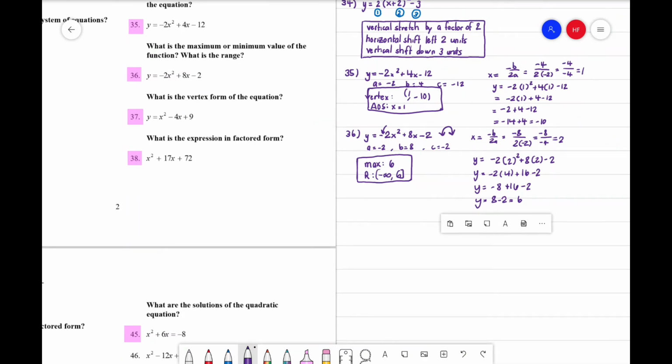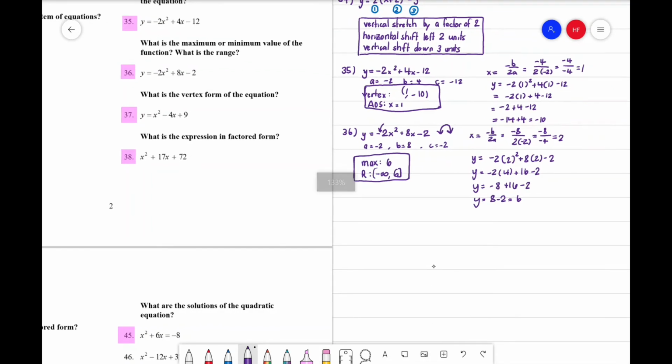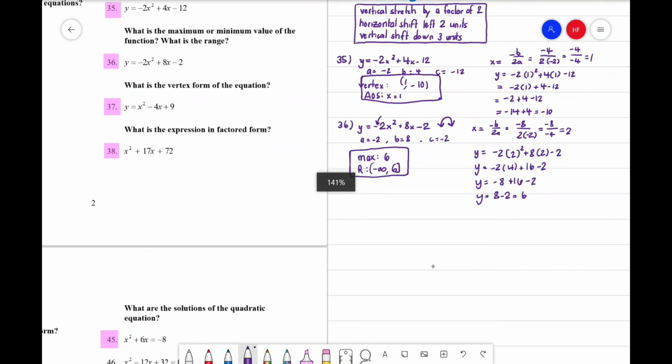Number 37. Let me zoom in a little bit. All right, 37. What is the vertex form of the equation? So now we're converting, which means we're going to be completing the square. So x squared minus 4x plus something equals negative 9 plus that same thing.